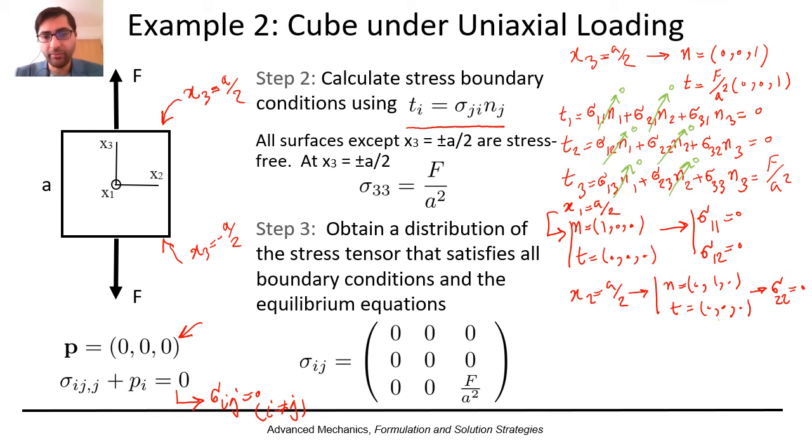Okay, the third step is obtaining a distribution of a stress tensor that satisfies these values that we found. And actually a simple one that we can think of is a stress tensor with all of the elements being 0 except sigma 3, 3.